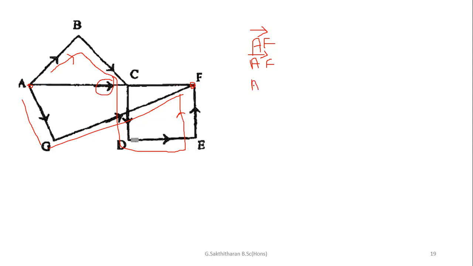So totally we have 3AF. First AB, BC, CD, DE, EF: 1, 2, 3, 4, 5. Those 5 vectors give the resultant vector AF, and here we already have the AF vector, and AG and GF give another AF resultant vector. So totally we have 3AF.